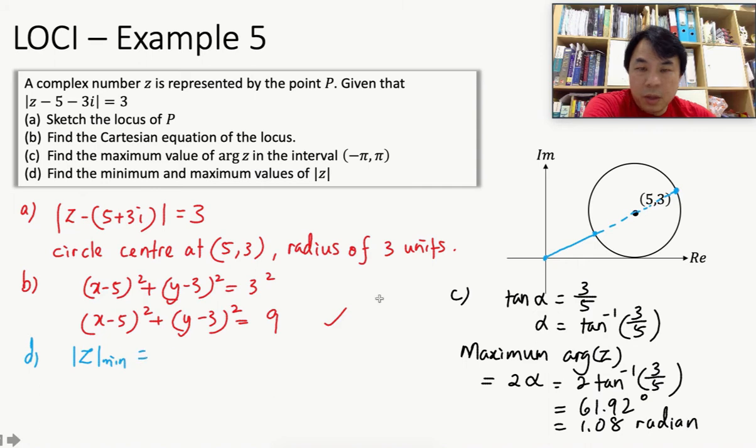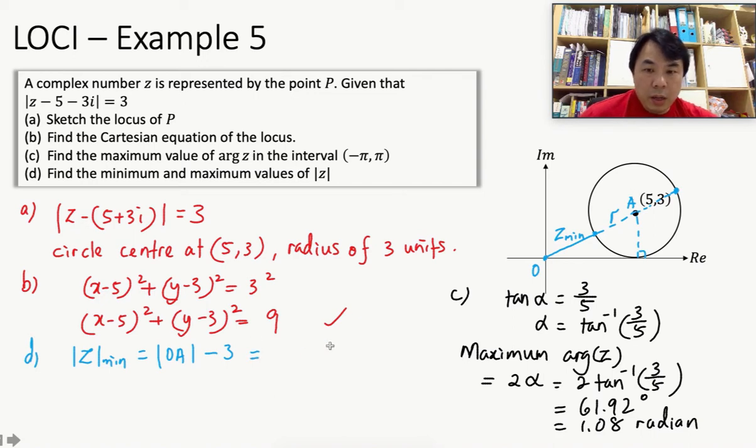The minimum value for this must be equal to this one here. So how do we work out this value here? It is very simple, just by using geometry again. We know that this length here, I'm going to label as OA, for instance. Now the minimum magnitude here is the same as the magnitude of OA minus the radius of this circle. So the radius of this circle, in this case, is 3 units.